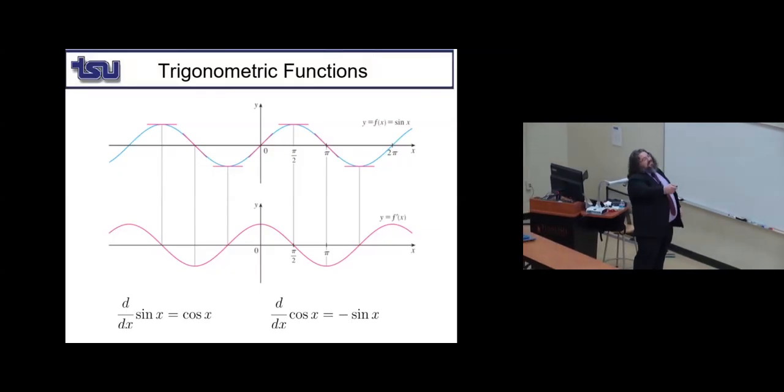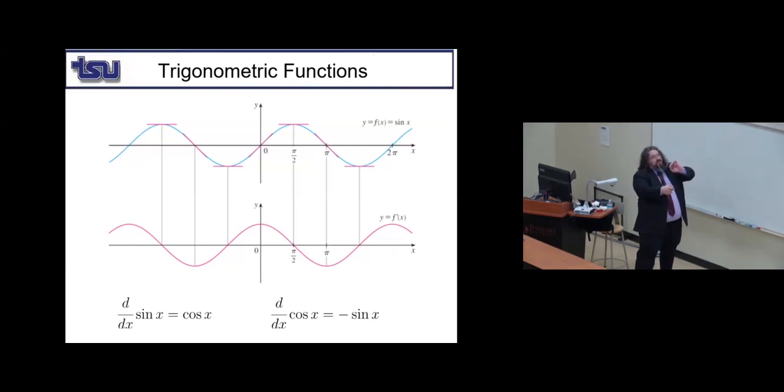So if I look at the function sine x over here, I can look at its graph like this. And in particular, I want to pay close attention to the peaks and the troughs of this graph. As the function goes along, it starts at 0, it comes up, and it hits a maximum right there. And right at that maximum, we have a horizontal tangent line.